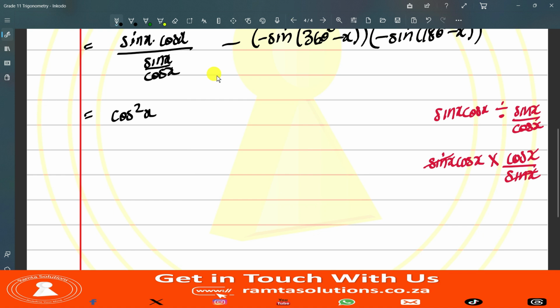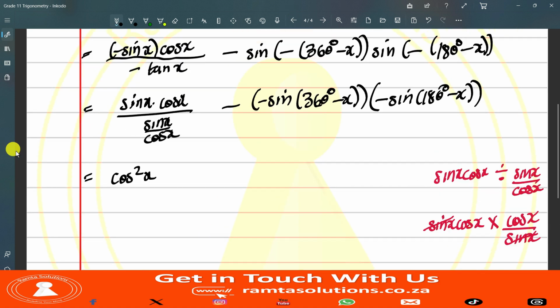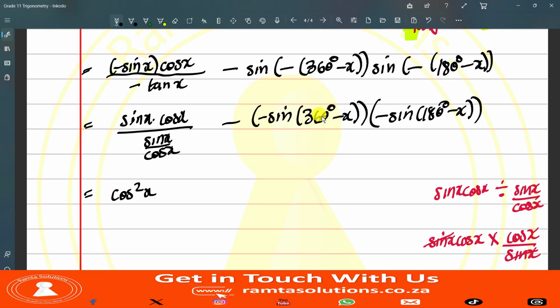Now we have sine in the 360 minus. The 360 minus is the fourth quadrant, right? Sine in the fourth quadrant is negative, so this will be negative times this negative, negative sine x.